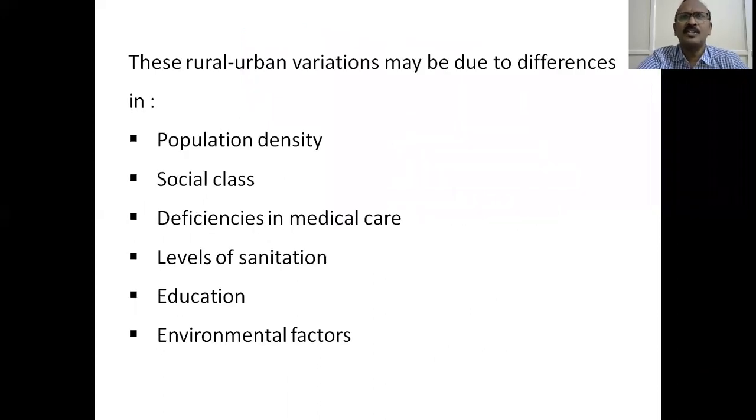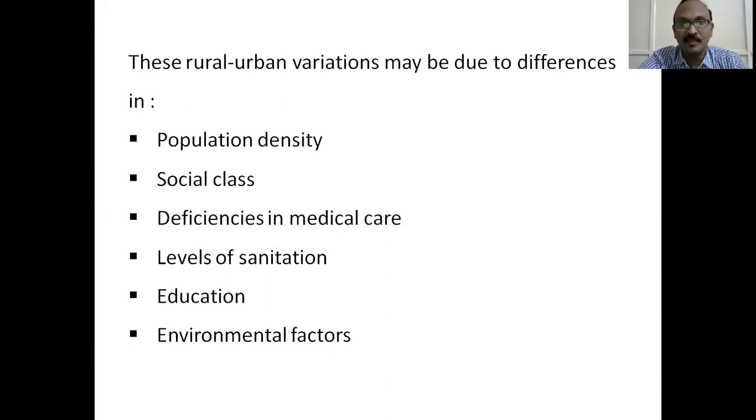So these rural-urban variations may be due to differences in population density. Some urban areas or rural areas can have differences in the presence of the population. Social class: some diseases are more prevalent in higher social class, and some diseases are more prevalent in lower social class.